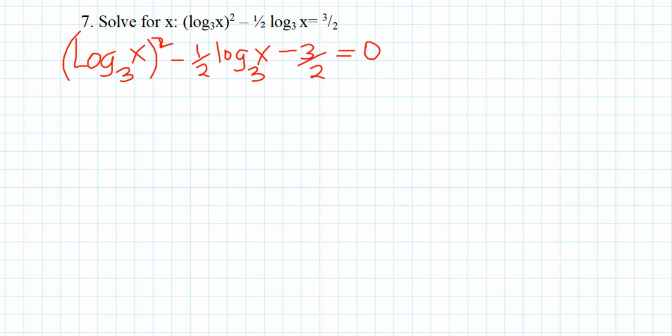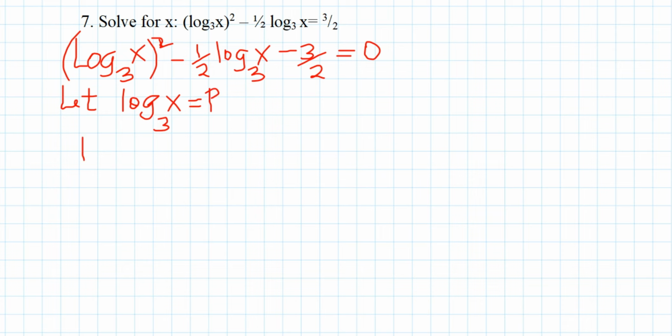So you realize that in this context we have a similar case to question 6, whereby we have a log put in brackets and it is squared. So this means we cannot open up the bracket. So what we do is we let the log to base 3 of x be equivalent to an algebra, for example, here we use p.